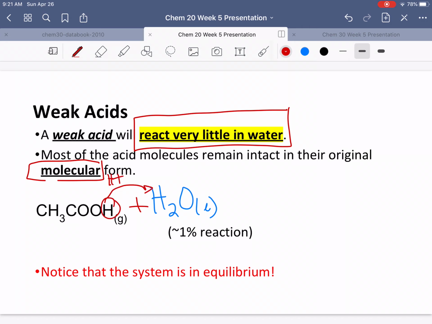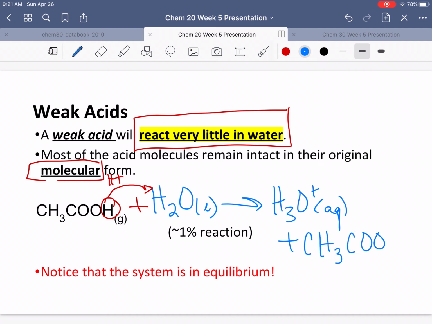That proton in the end will go over to the water, thus producing hydronium, H3O plus, and then we're left with the ion by itself. Take off that hydrogen, you're left with CH3COO. You lost a positive charge, so this is now negative. If that's confusing, look on the polyatomic chart. It shows acetate, CH3COO, as a negative charge.